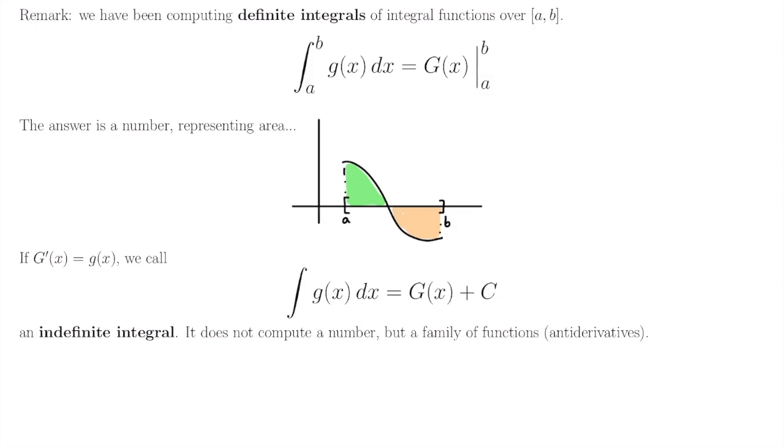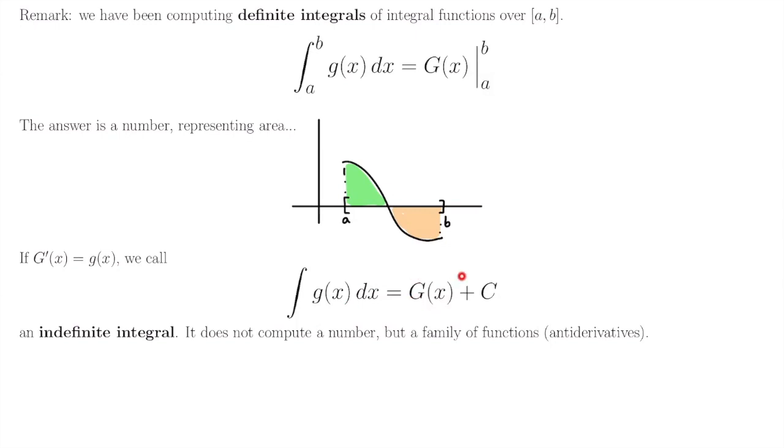There's another type of integral called an indefinite integral. Notationally, the difference is that we don't have bounds on an indefinite integral. So we just write this as the integral of g of x dx. Without bounds, that integral is equal to capital G of x plus c, where g of x is any antiderivative, and then plus c really is plus c, to represent plus a constant.